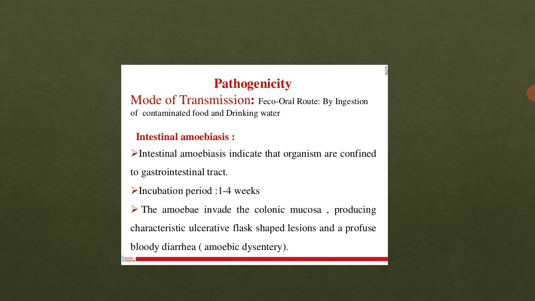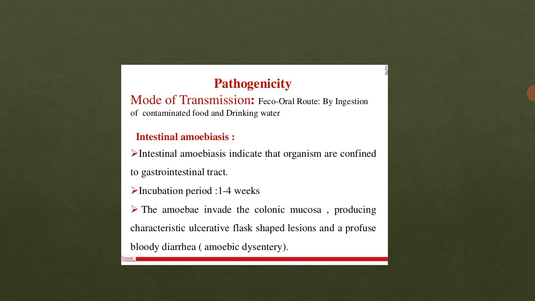So transmission is via the fecal oral route, through contaminated contacts, improper hygiene and sanitation, and with ingestion of contaminated food and contaminated water. In these sites, this parasite can stay. Therefore, by ingestion of contaminated food and drinking water, the parasite can enter the human body.